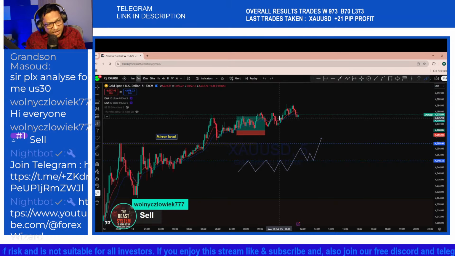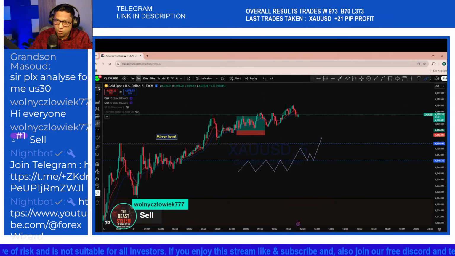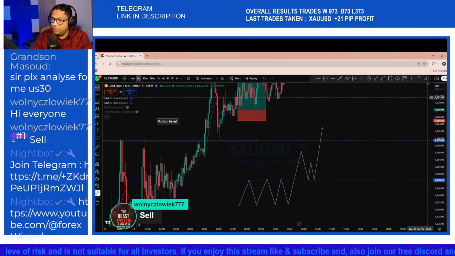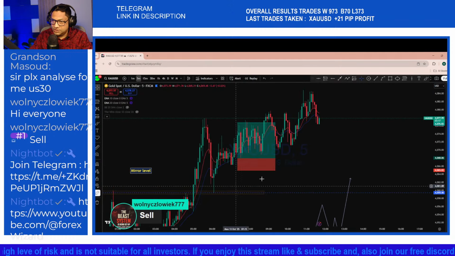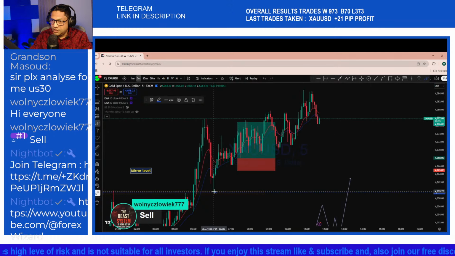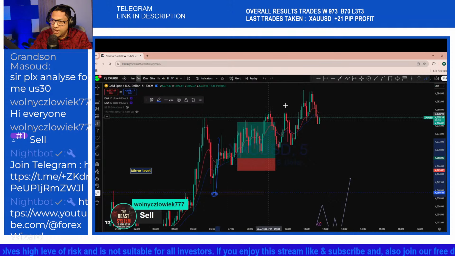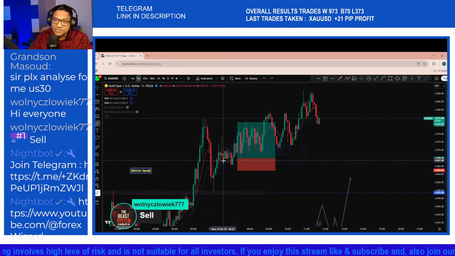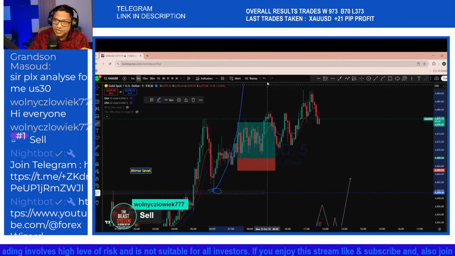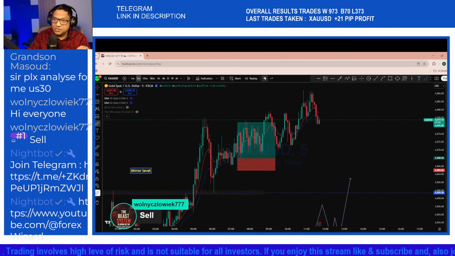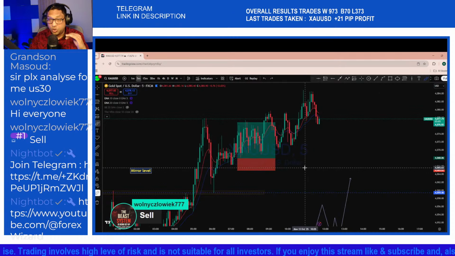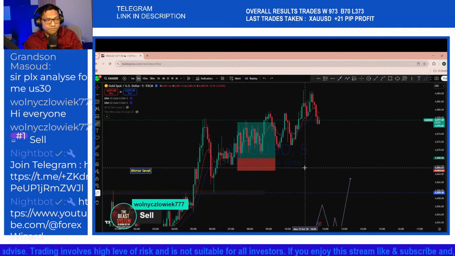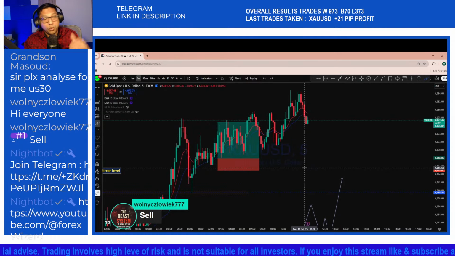When the market rejected or bounced off this mirror level that you can see from here, as the market bounced off that mirror level, the price is indicating that this market is potentially to remain bullish.